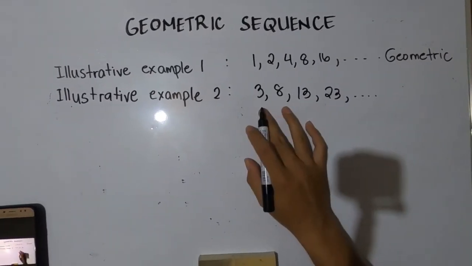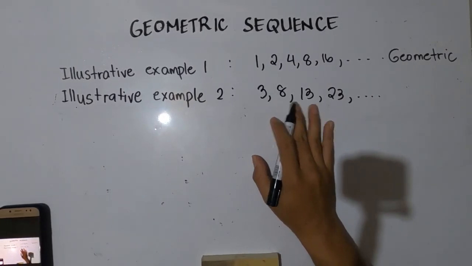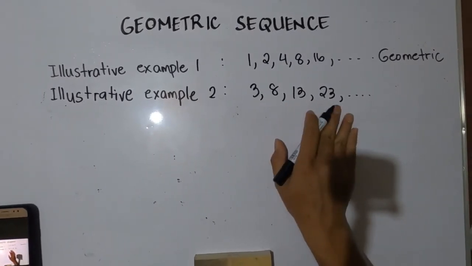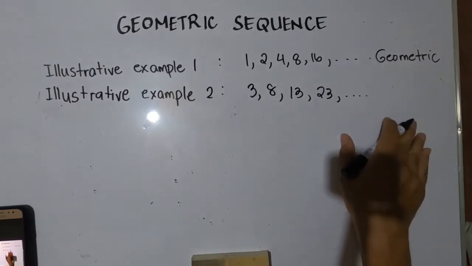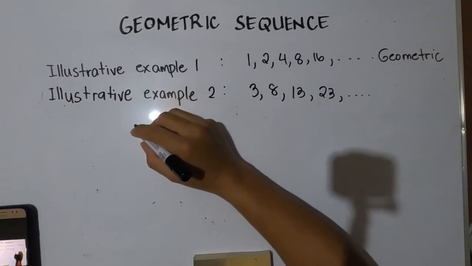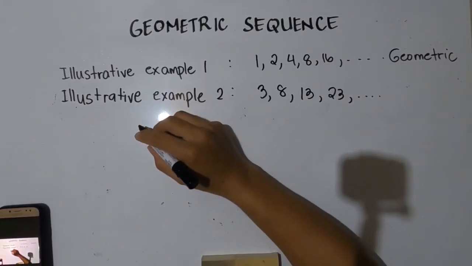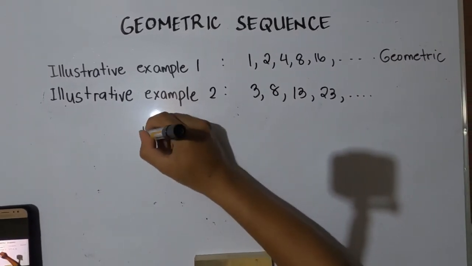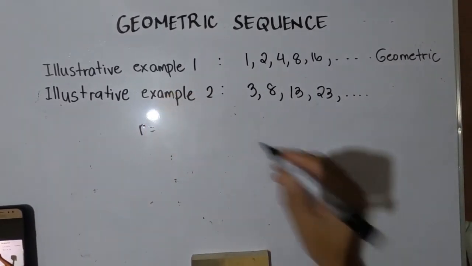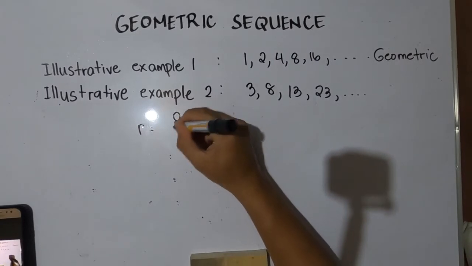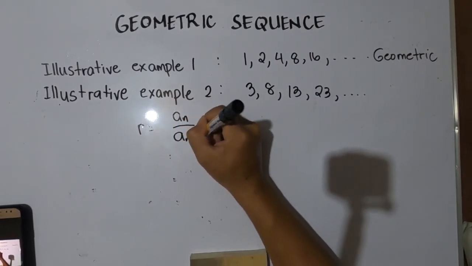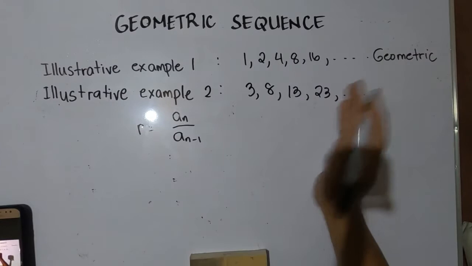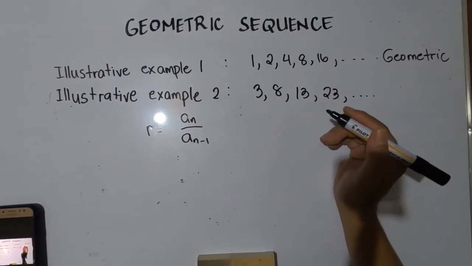The first term is 3, second term is 8, third term is 13, and fourth term is 23, and so on. Let's try to verify whether there is a common ratio. Common ratio is defined as a sub n divided by a sub n minus 1, any term divided by its previous term.